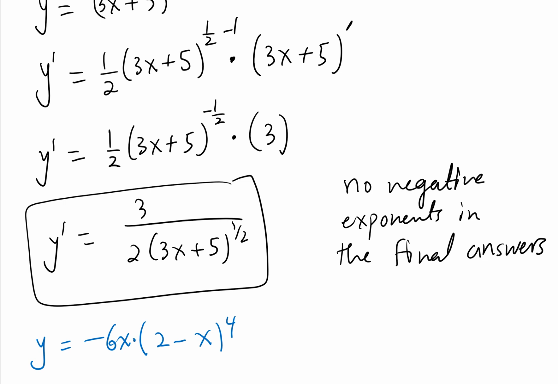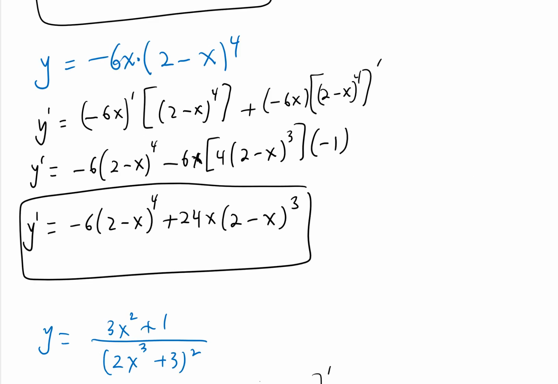Next one, you're going to try to find the derivative of this. Check the first one. Anyone has any question on the first one? No one has any question on the first one?